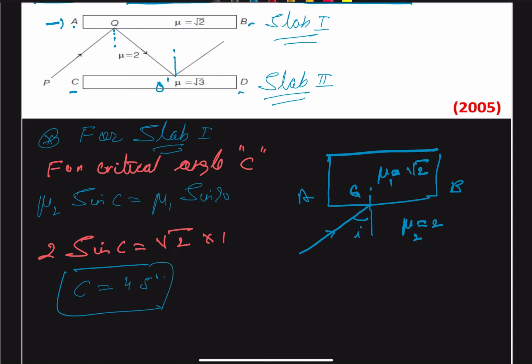Okay. And so it means we need a total internal reflection at AB. So we can say for total internal reflection at AB, the angle of incidence should be greater than the critical angle, or we can say the incident angle should be greater than 45 degrees.